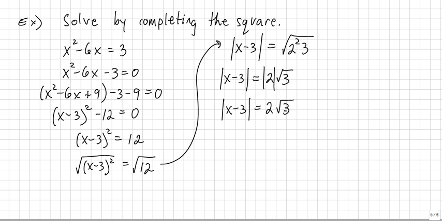Well, I know it's been a long time, but earlier this year, we learned how to solve equations with absolute value on the variable. So we're going to need that here.